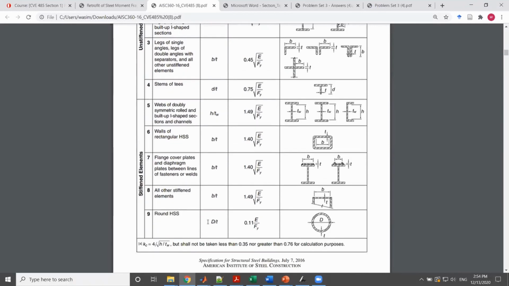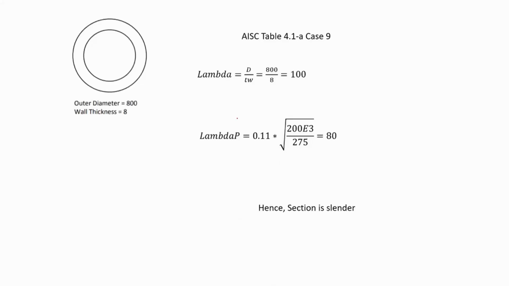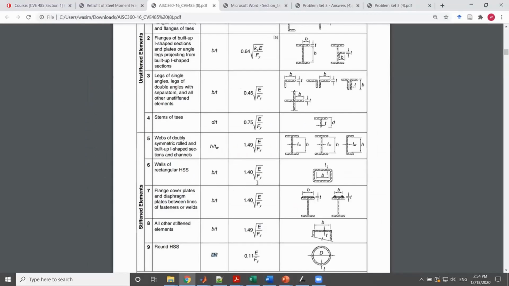Here's my case number 9, in order to check the slenderness. It says divide D by the thickness. If you do so, the outer diameter is 800, so this is your D from here until there, divided by the thickness, this is your thickness, 8, thickness of wall, you can say, and you get your lambda 100.